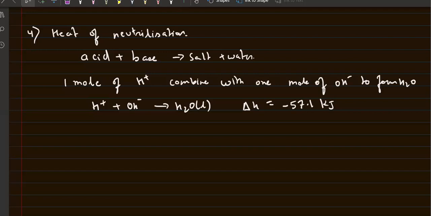So I'm saying that heat of neutralization, when H plus combines with OH minus, is always this delta H equal to minus 57.1 kilojoule. Right? I'm saying this.